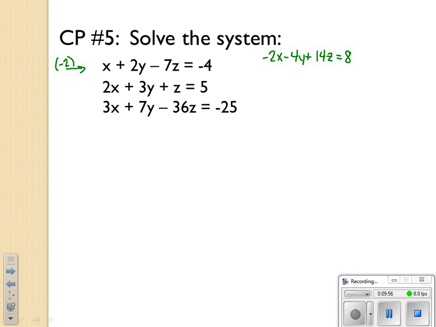My second line, I'm just going to slide it over. I'm going to combine them. In combining them, I'm going to get negative y plus 15z equals 13.